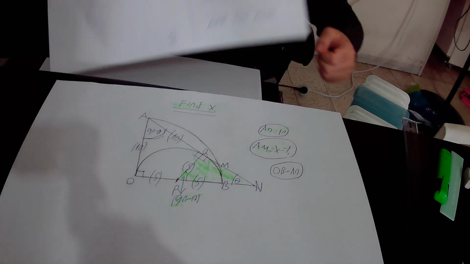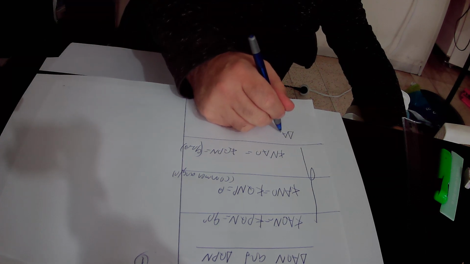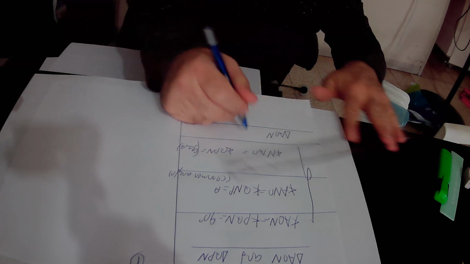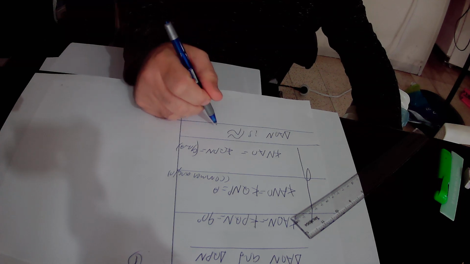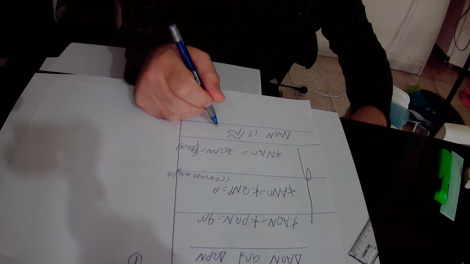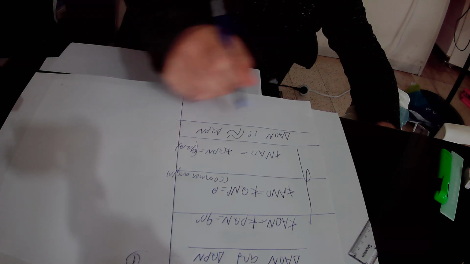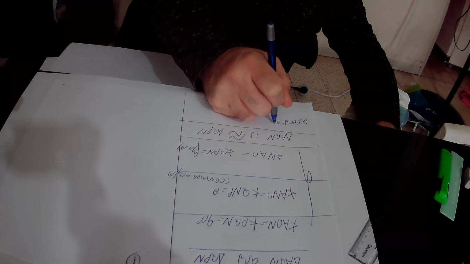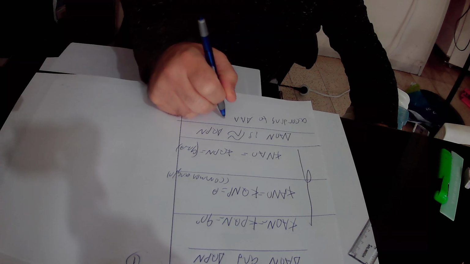So I will write it down. We proved that the big right triangle AON is similar, this is the sign of similar, to the small triangle QPN, according to the angle similarity rule.